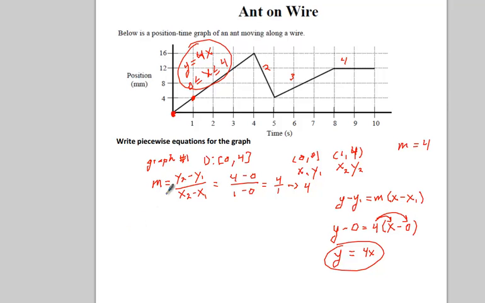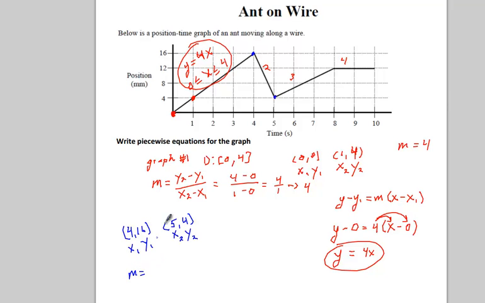The points that I'm going to use are going to be 4, 16, and 5, 4. Label your x's and your y's, and then label the numbers that you're going to use for them. This is my first set, and this is my second set. Come back to where I have the slope.